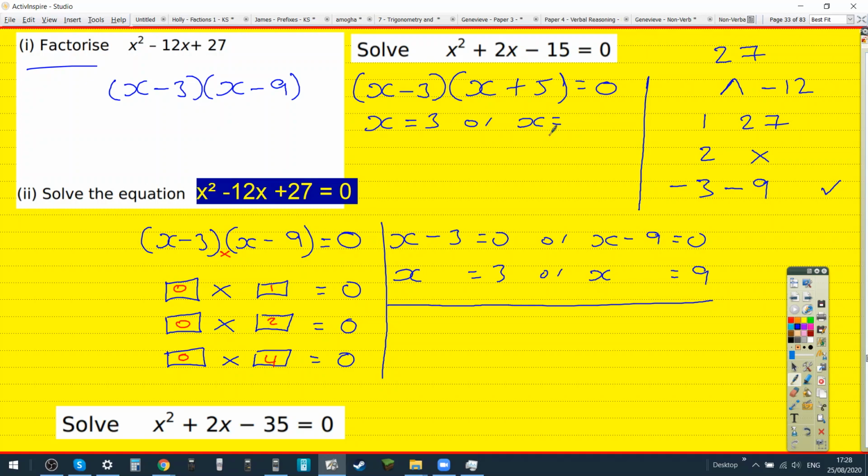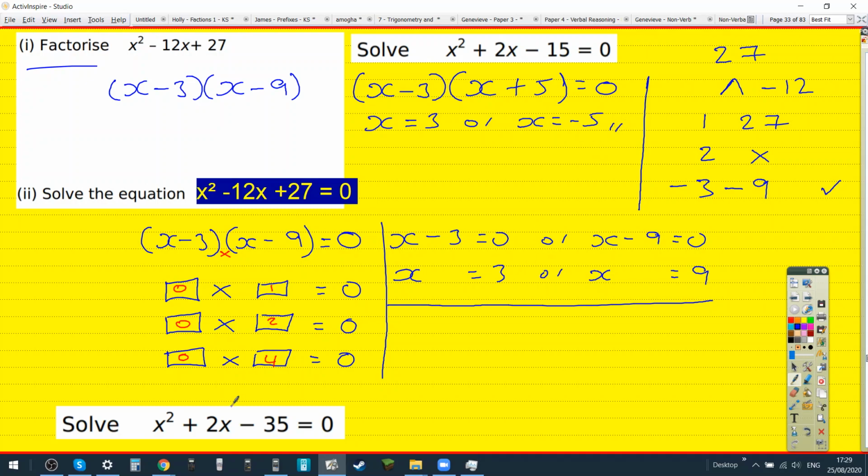And x will have to be... But if it's adding, how can you? So x could be a negative number then. Oh, okay. So x will be minus 5. Well done.